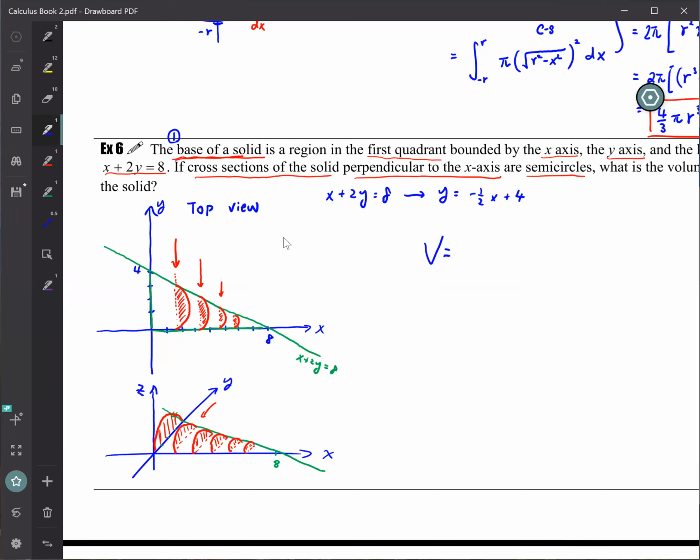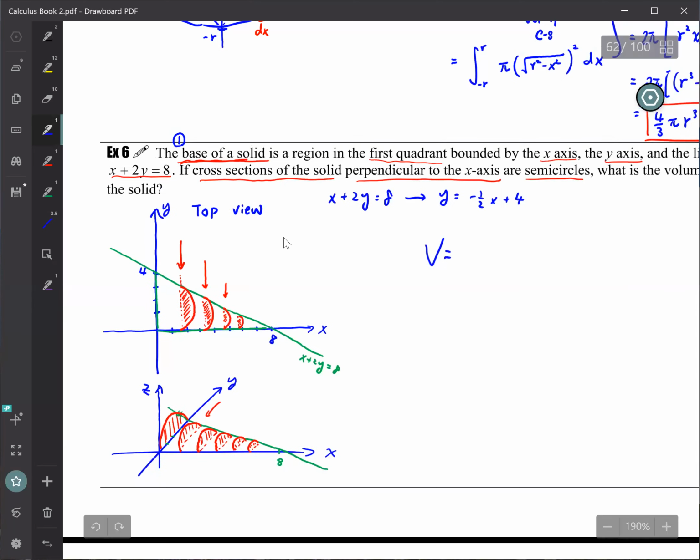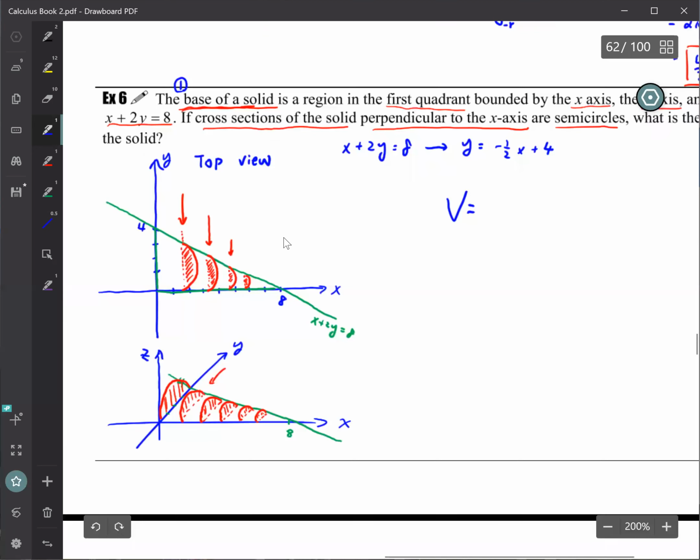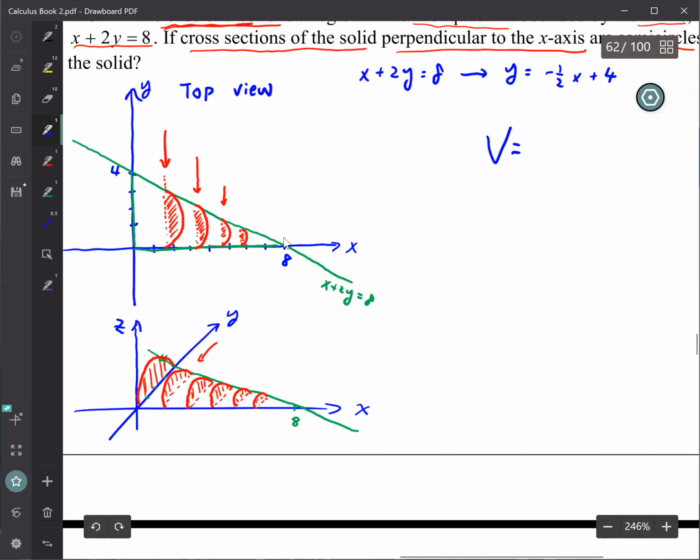Okay. Now volume, okay? So same concept, right? We need to add up all the areas, sorry, the volume of the cross sections, right? So for this case, we're adding from left to right. So what do you think the boundaries are? Where to where? Is it from 0 to 8?